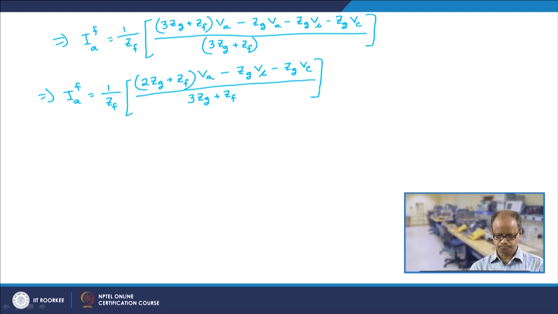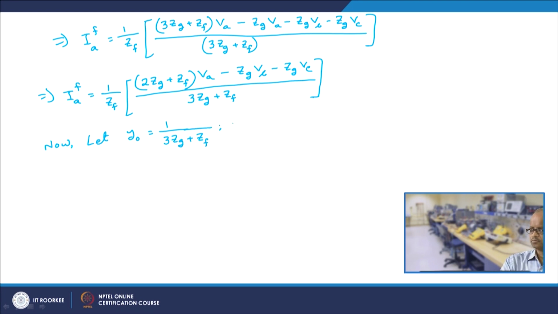Now suppose we define y0 as 1 by (3Zg plus ZF) and yf as 1 by ZF.